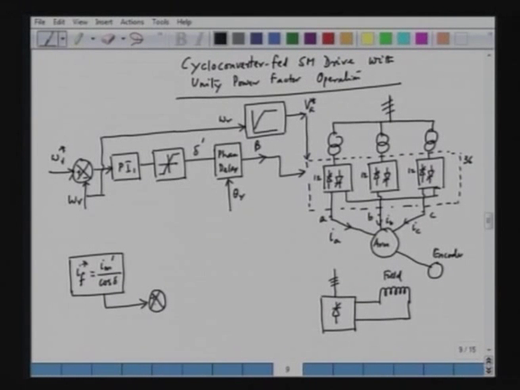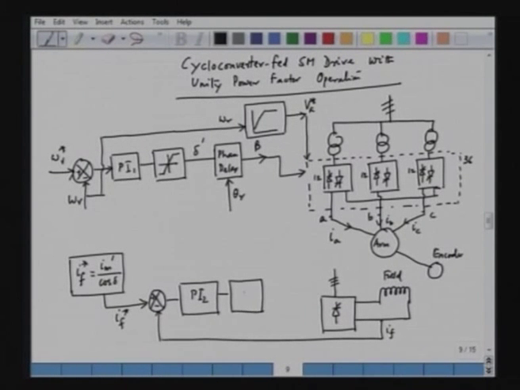So, we have positive and negative here. This is If star, and we can have a current sensor to sense the field winding current. We have the If as a feedback here, and then this field winding current error is fed to a second PI controller, PI2, and we can have a limiter also here, and then we can generate the triggering pulses alpha to the converter bridge.